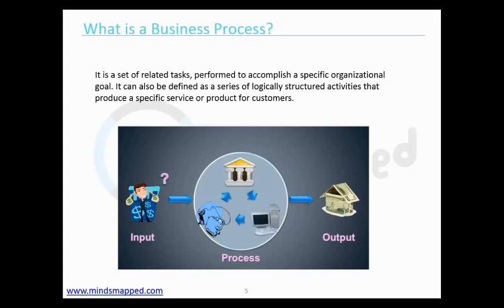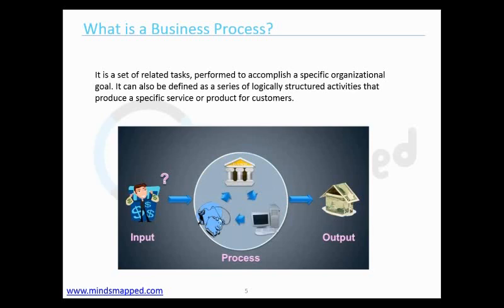So we have business, and we do business because we want to earn some monetary benefit out of it. And in the business, to achieve certain objectives, we have business processes, and every business process starts with an input, and then we have certain processing.